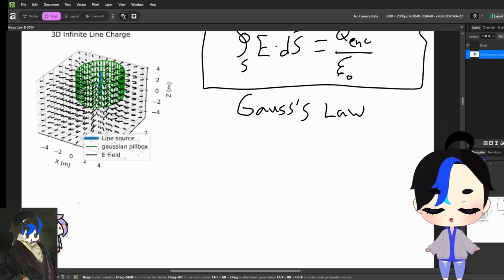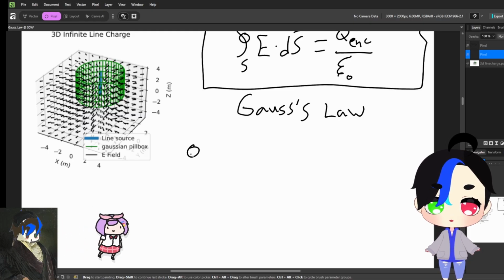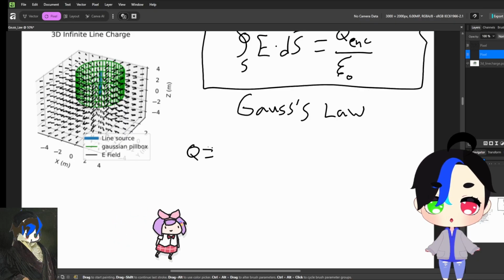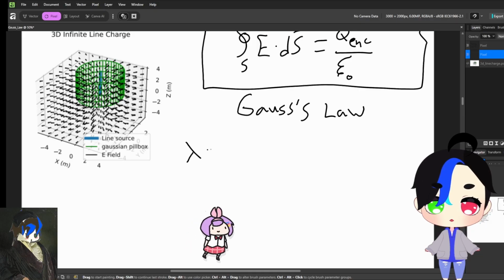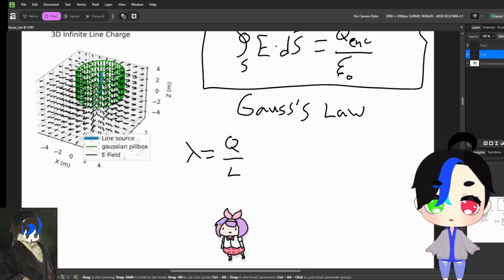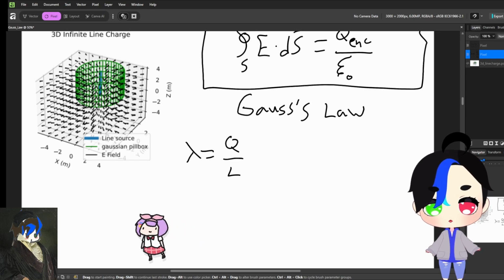If you remember from last time, a line charge can be represented with a line charge density that equals Q over the total length of your charge distribution. And so I draw some random cylinder around this line of charge.